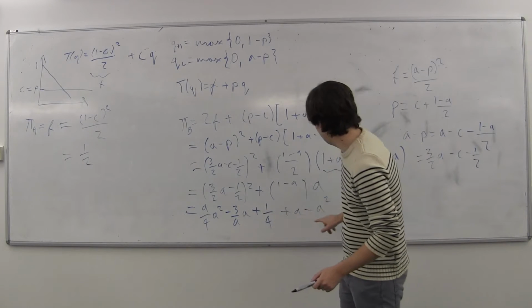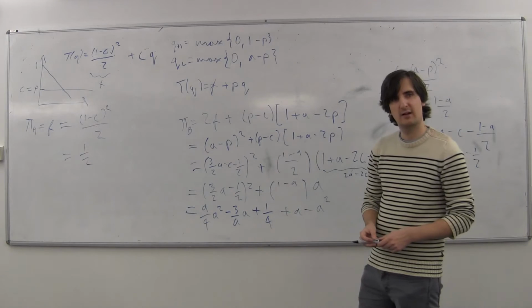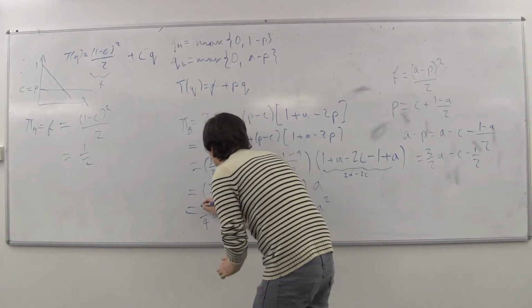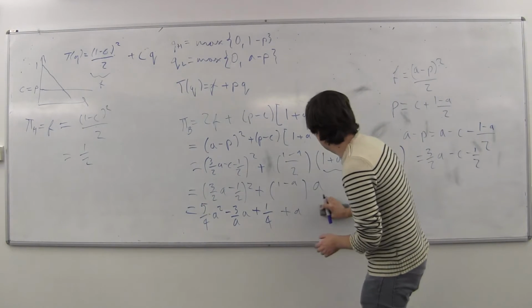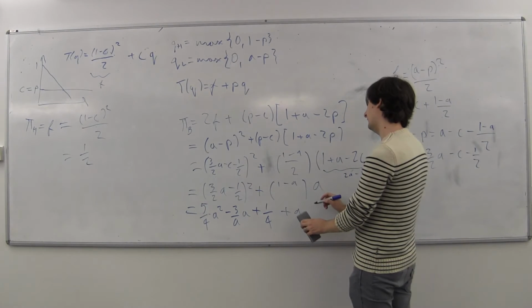So in total, what we've got is 9 over 4 minus 1 times a squared. So take away 4, what's that? 5 over 4. So this is 5 over 4a squared. We can get rid of this there. Plus a.